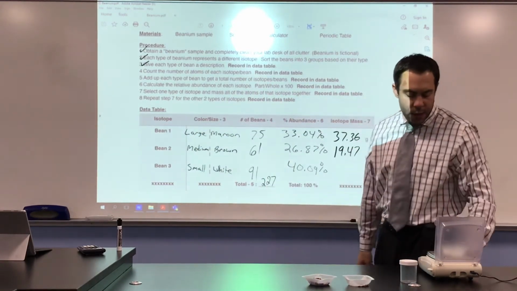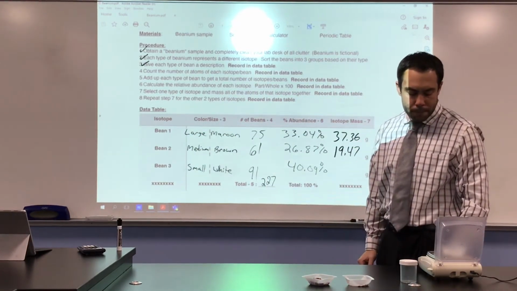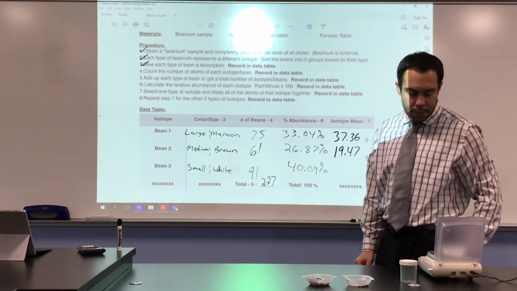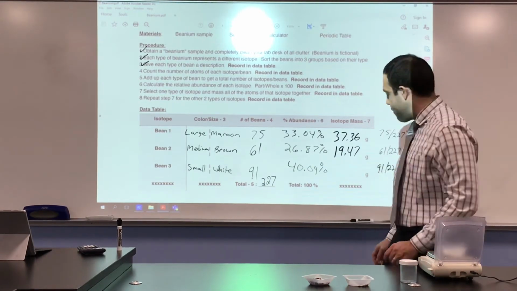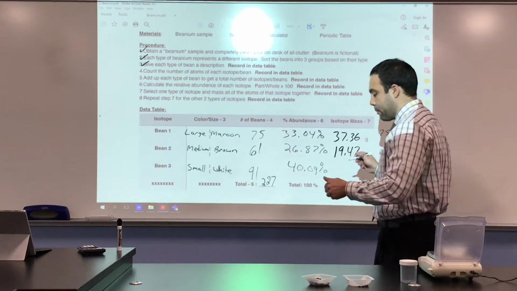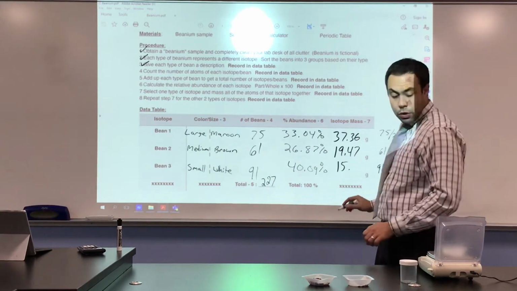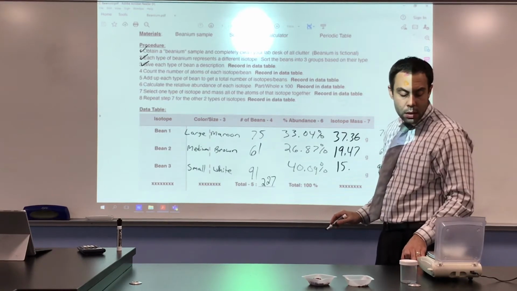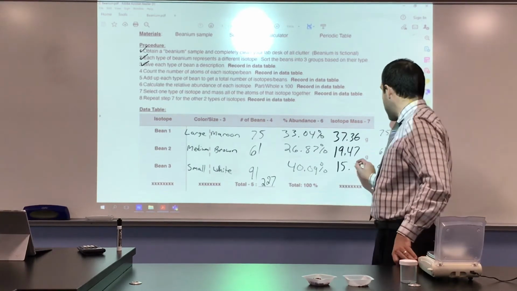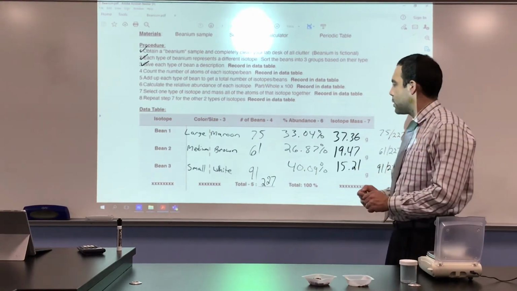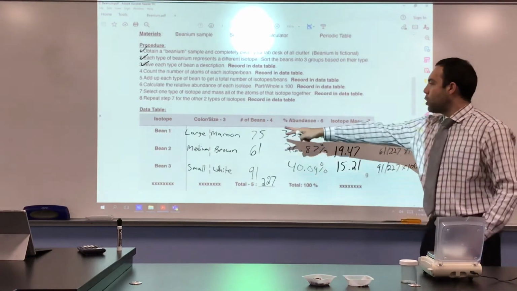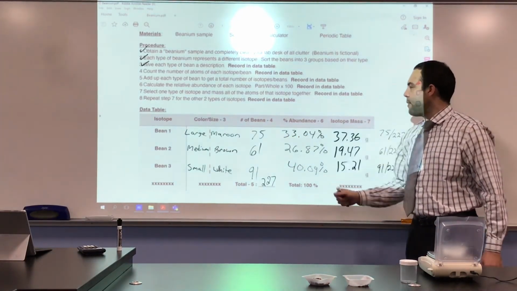And finally we have 15.2, we're still bouncing around a bit, 15.21 grams.